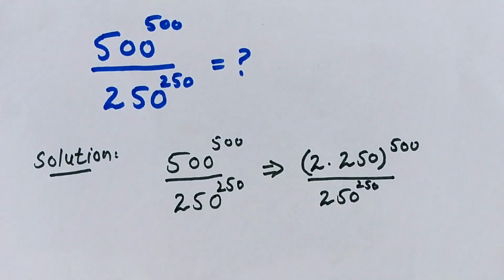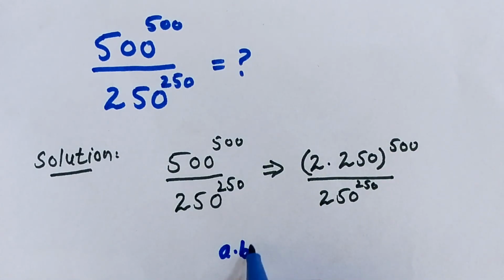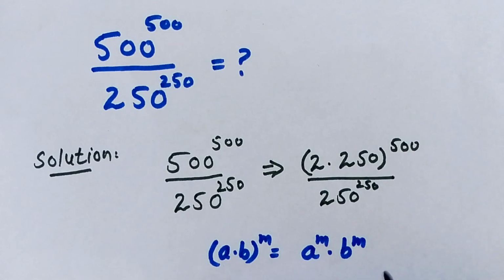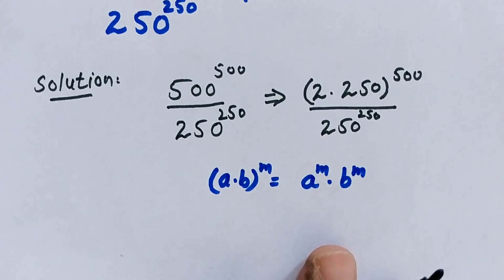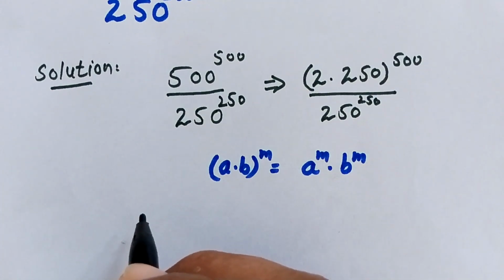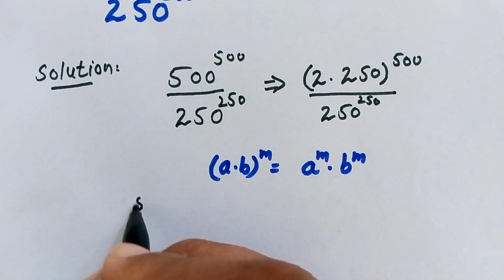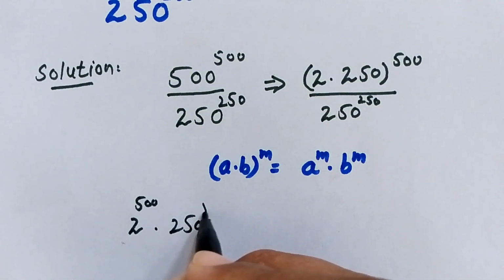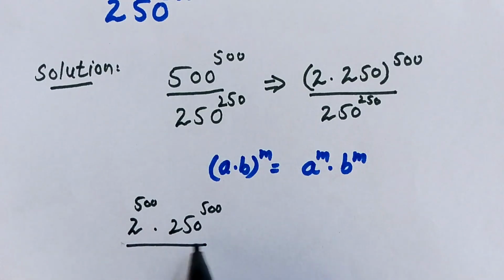Now to solve this, we know that (a times b) to the whole power of m is equal to a to the power of m times b to the power of m. Applying this, it becomes 2 to the power of 500 times 250 to the power of 500, divided by 250 to the power of 250.